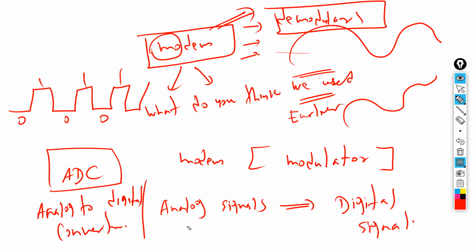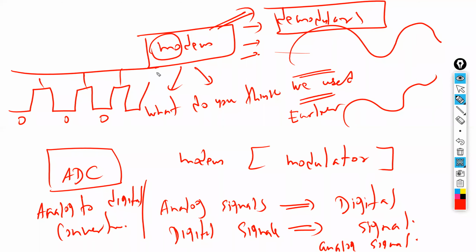Very good. Digital signal to analog signal. Got it?